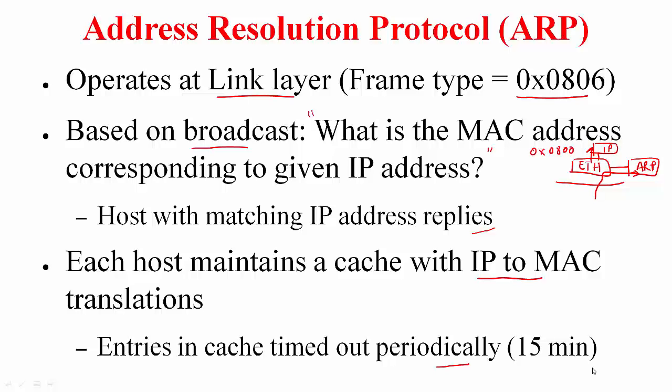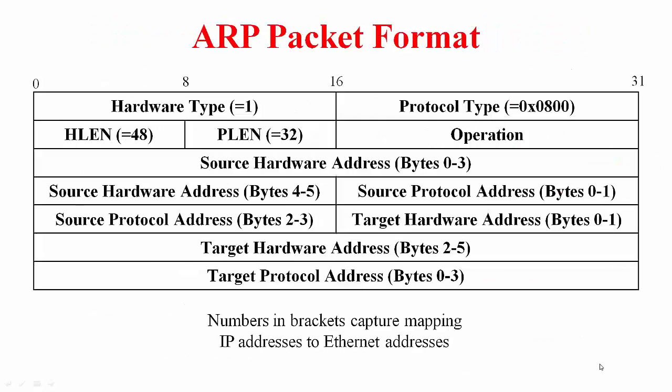Well, for the same reason we saw when we were looking at the bridge entries timing out. What if the translation changes? The same Ethernet card now got a different IP address from the DHCP server. I will explain this further through a concrete example, but before that, let's look at the ARP packet format.